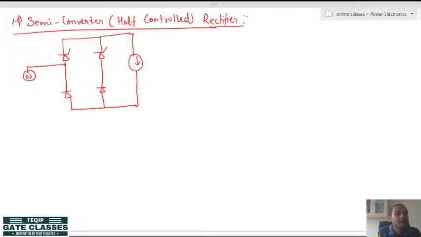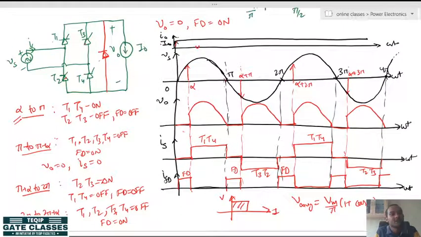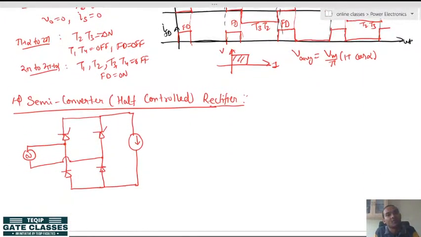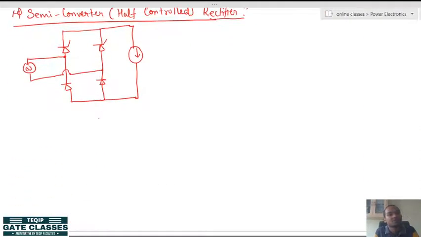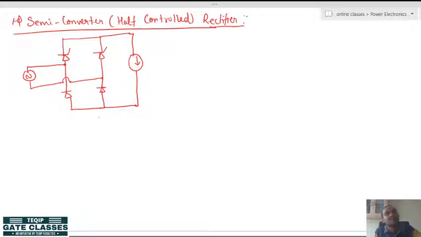In the above circuit, an additional cost of a freewheeling diode is also there, so it is a costlier circuit if you want to utilize it only for one quadrant. It is better to utilize a semi-converter or half controlled rectifier if you want only single quadrant operation. So, this is a semi-converter circuit with T1, T3, D2, D4, and let us say this is plus minus V naught and I naught references.